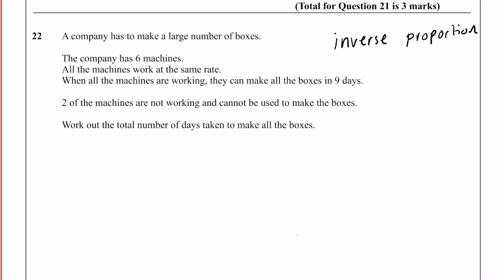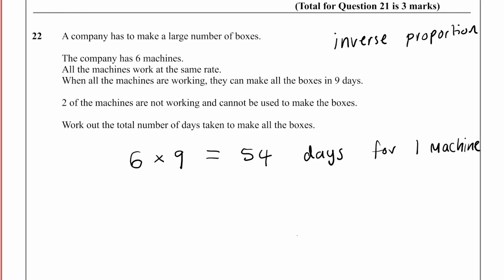So the more machines, the quicker the time. And the less machines you have, the longer it takes. So we've got 6 machines that can do it in 9 days. So if we do 6 times 9, we get 54. So that's 54 days of work needed. 54 days for 1 machine.